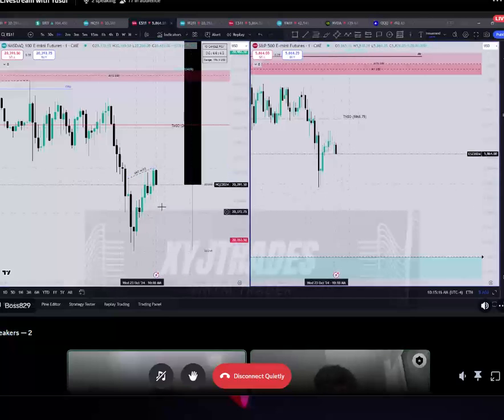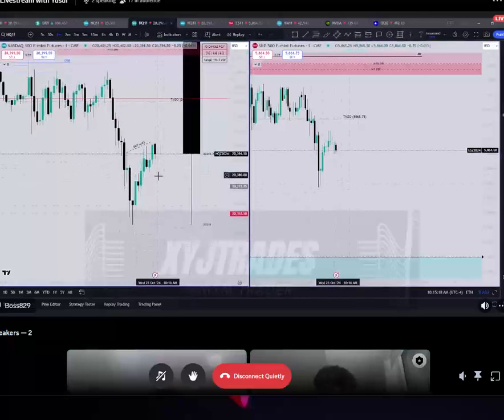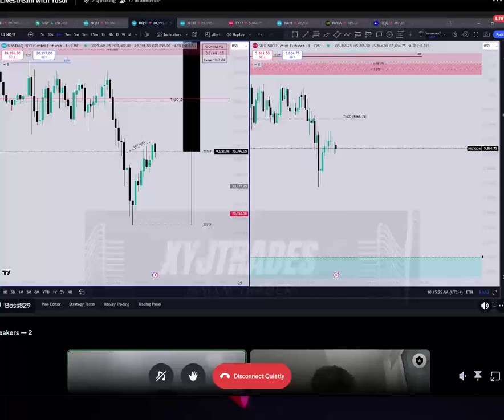Let's see. Go invert this 1 minute fair value gap on ES too. That would be nice.